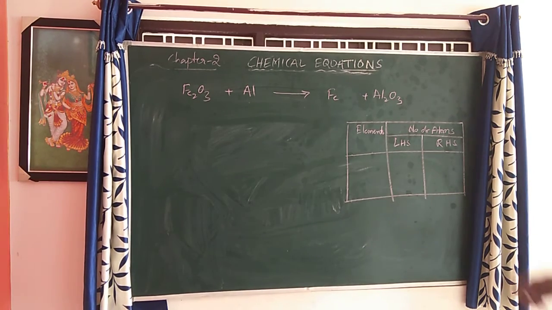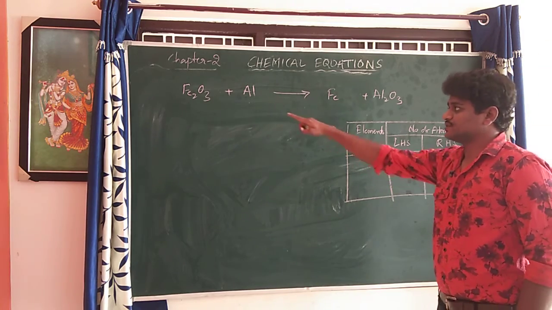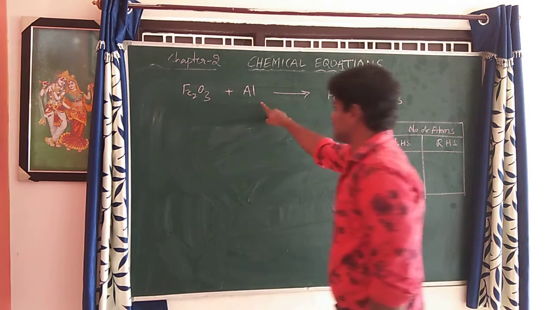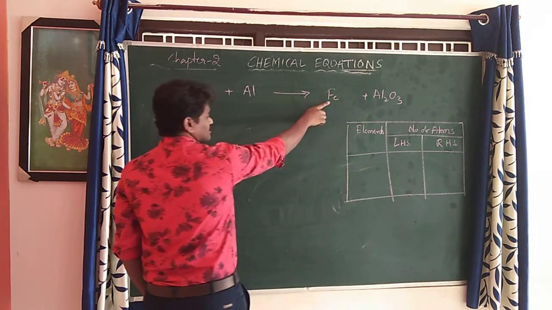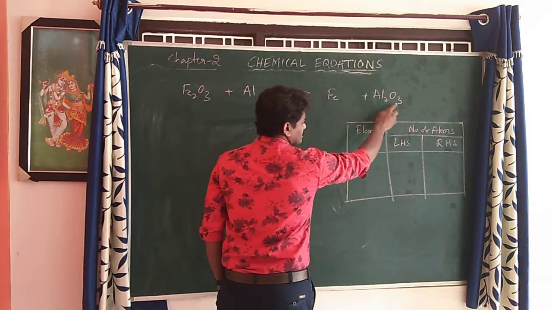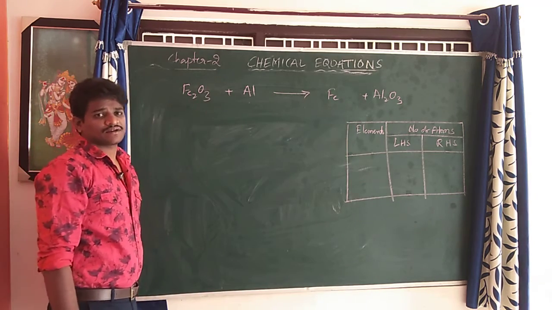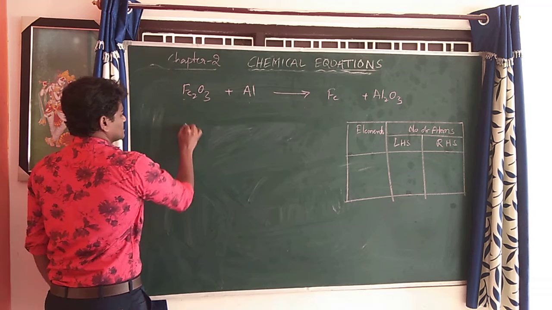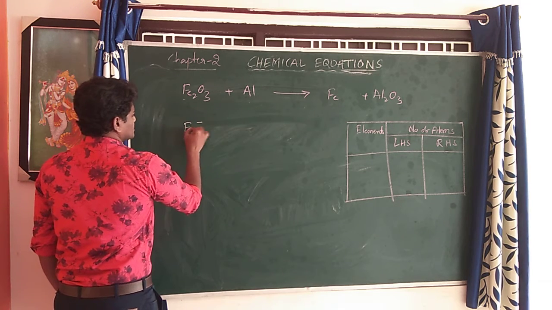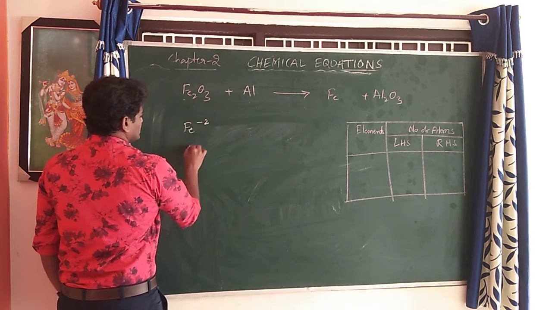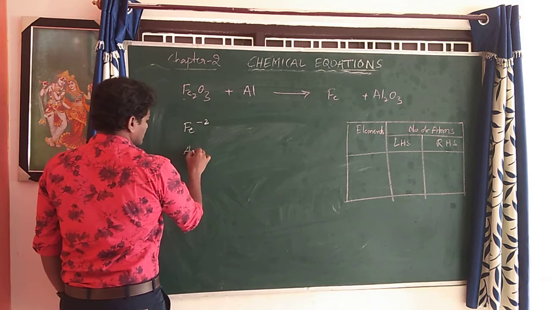Taking another example, Fe2O3 when reacted with aluminium, Fe, meaning iron, and aluminium oxide will form. Why is this reaction happening? So this is Fe plus 3, and aluminium, Al plus 3.